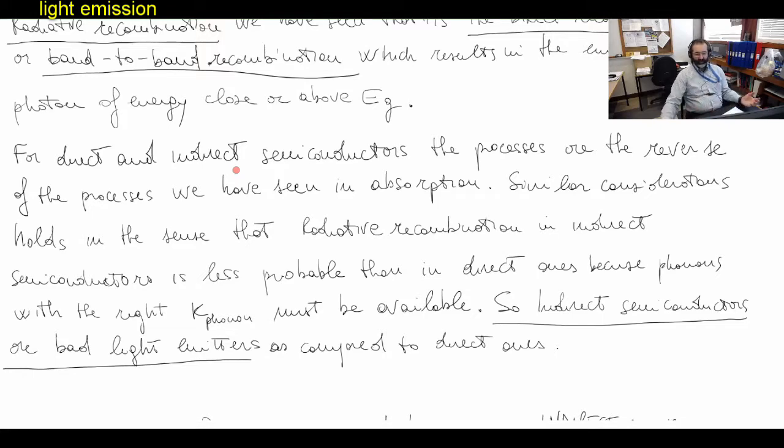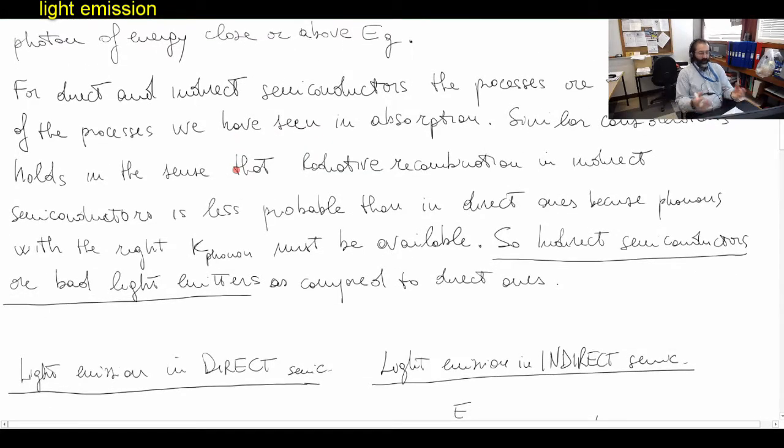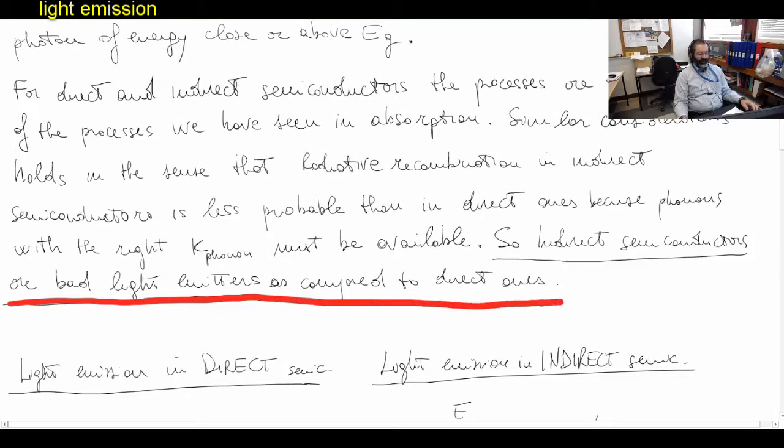The final result for light emission, borrowing the results we got yesterday for light absorption, is that indirect semiconductors are definitely bad light emitters as compared to direct semiconductors.